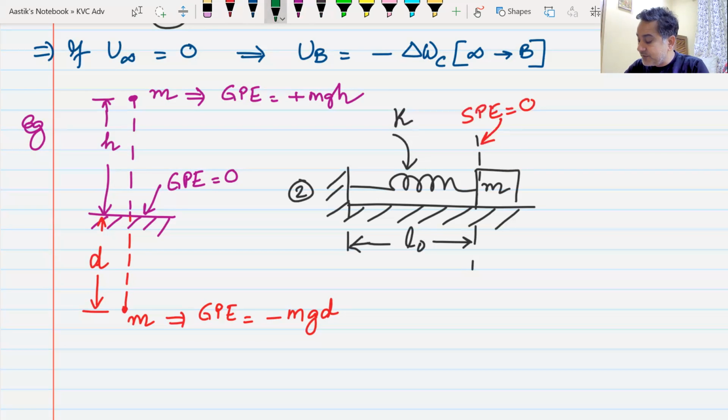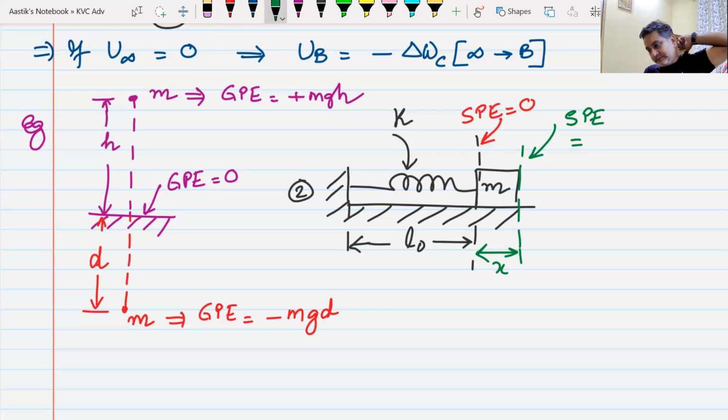If I take it that way, then if I extend the spring by an amount x, what will be the spring potential energy that it has? It will be now equal to, no one knows?